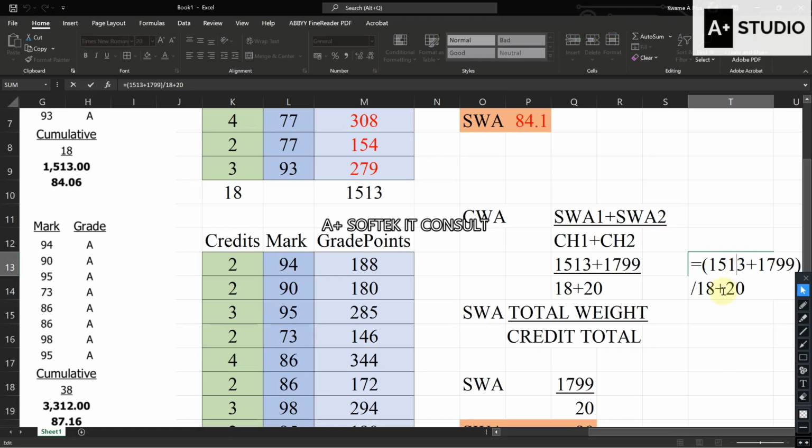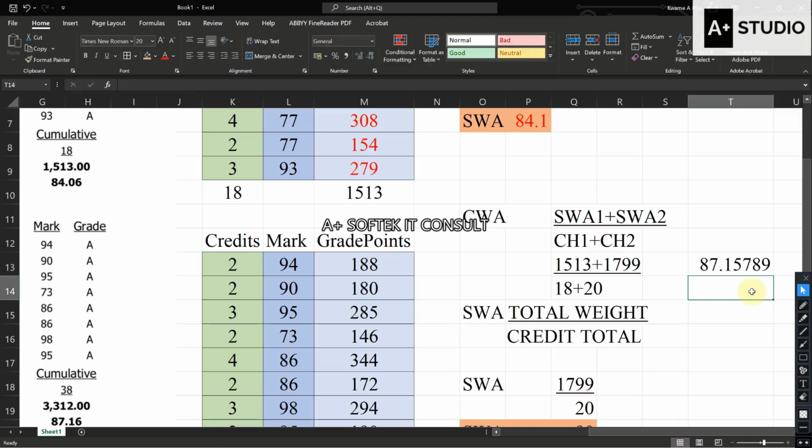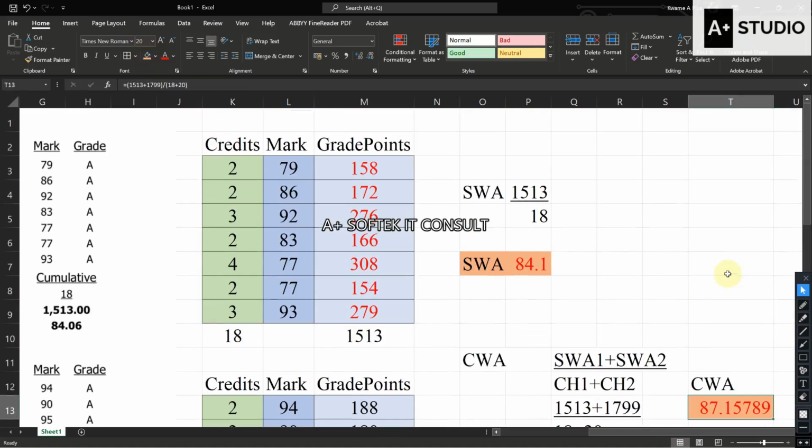Is that correct? I don't think so. I think there is something wrong. Yes, so I think it has to be in the bracket. So this becomes the CWA. We've added two semesters combined and we are having the CWA.